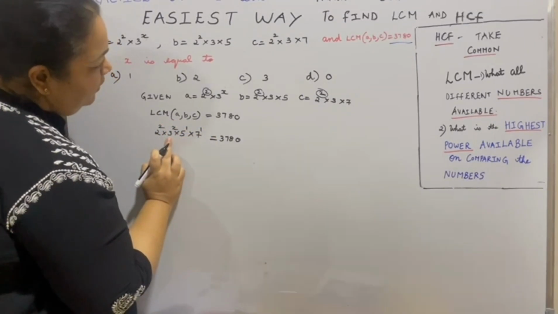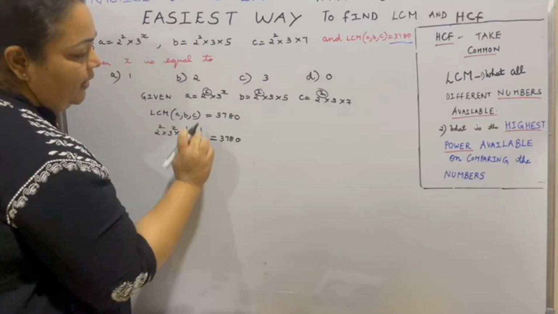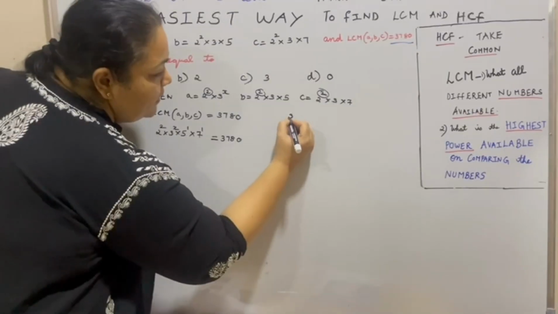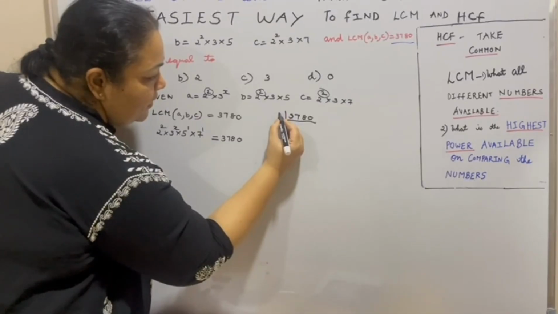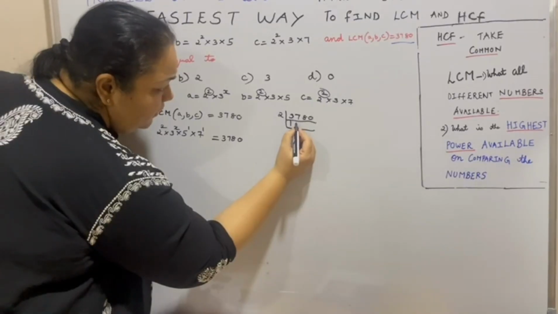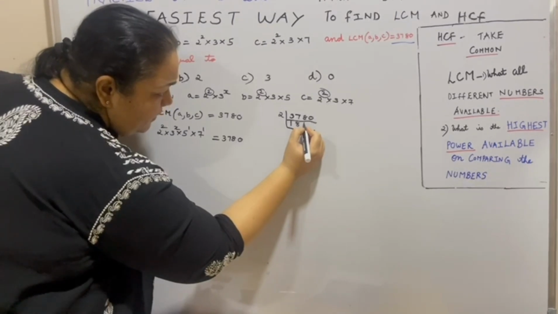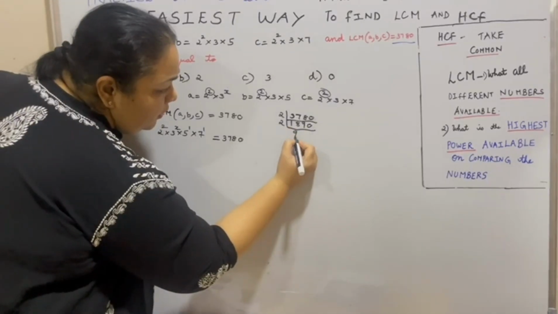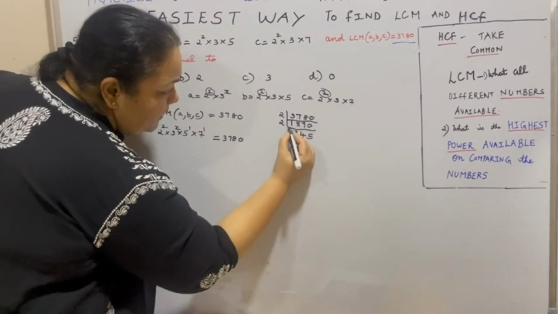So now we want to find out what is x. What is x equal to? So let us find the prime factorization of 3780. 2 ones are 2, remainder 1, 2 8s are 16, remainder 1, 2 9s are 18, 2 4s are 8, remainder 1, 2 5s are 10.